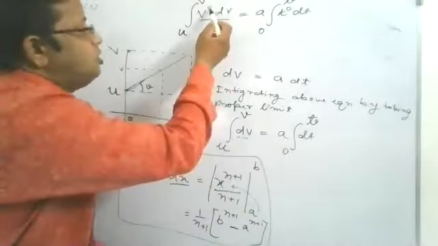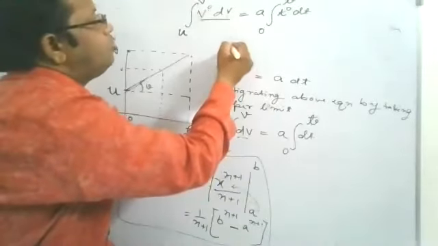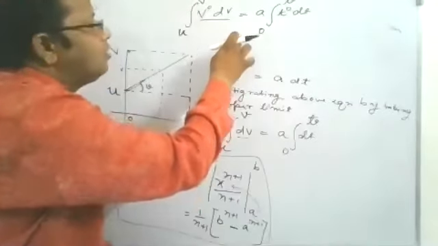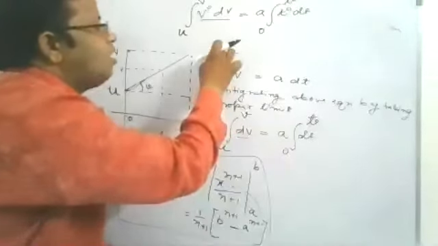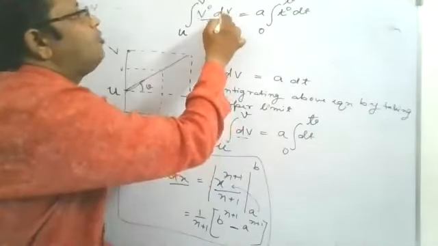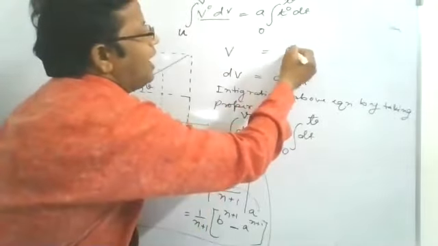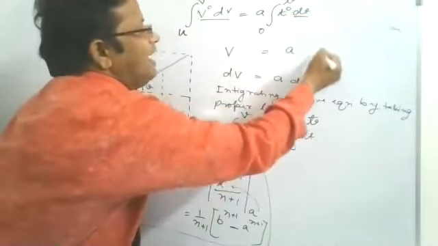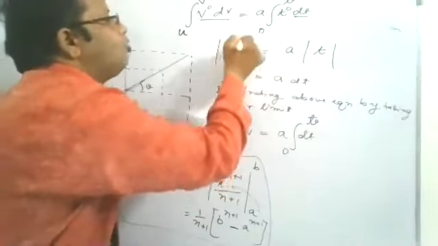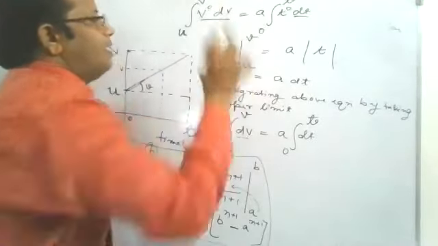So put here v to the power 1, and the same power comes down: v to the power 1 upon 1, so v. Just remember integration of dv is always v. Similarly, integration of dt is t. Always remember to put the modulus sign, write the lower limit and the upper limit here.